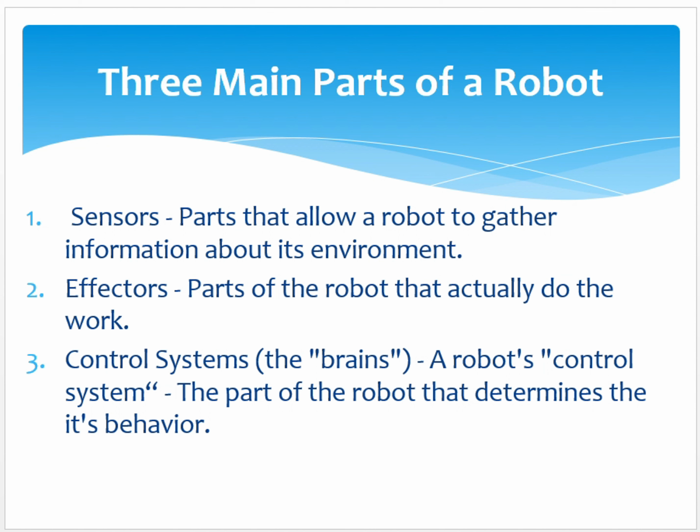That's like the brain of the robot. This part determines the behavior the robot will have at any particular time, as per the sensors, how programming has been done at the sensors, and also how programming has been done at the effectors. Those are the three main parts of the robot.